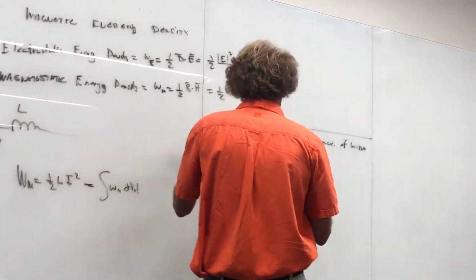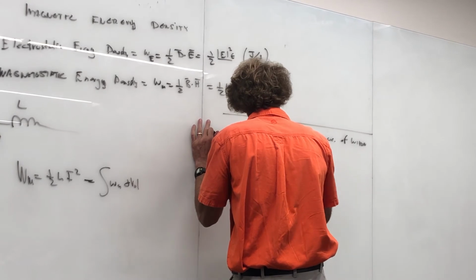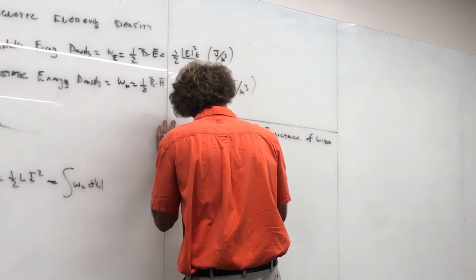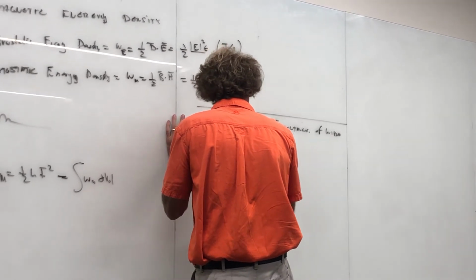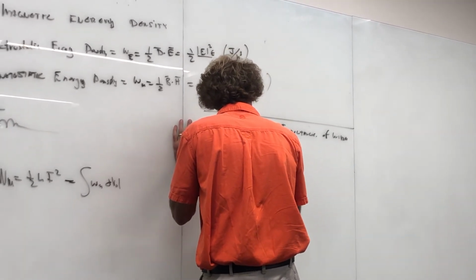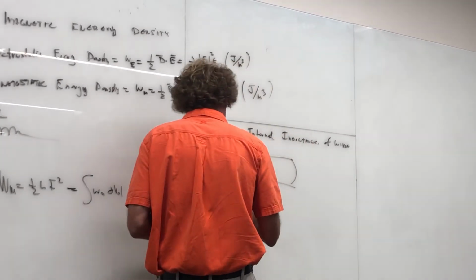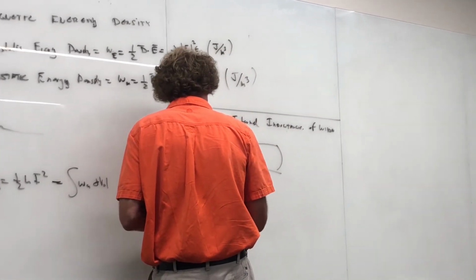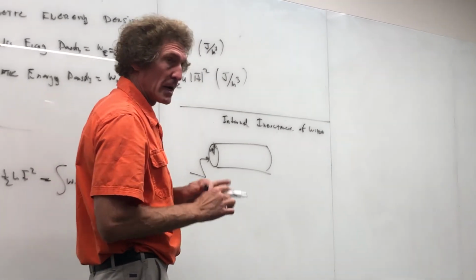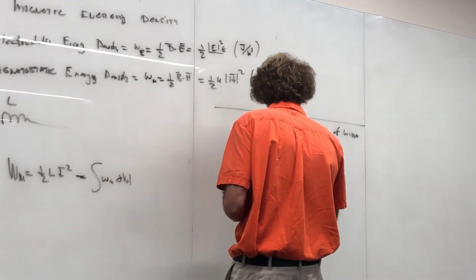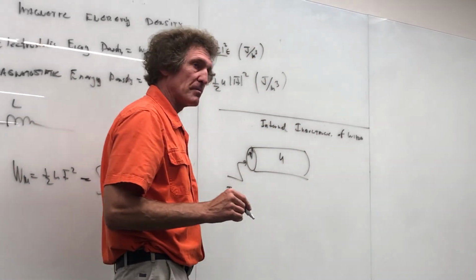So here's how this works. First, draw a wire. Assume it's infinitely long, but we're only going to take a look at a cross section of it. So we have a radius A, and assume first of all current I exists in this wire, and it's uniformly distributed over the cross section. You can say the wire has mu as its permeability.